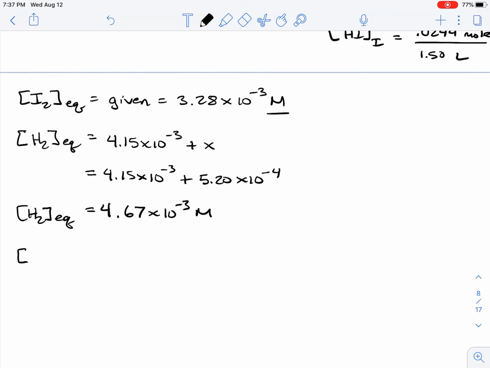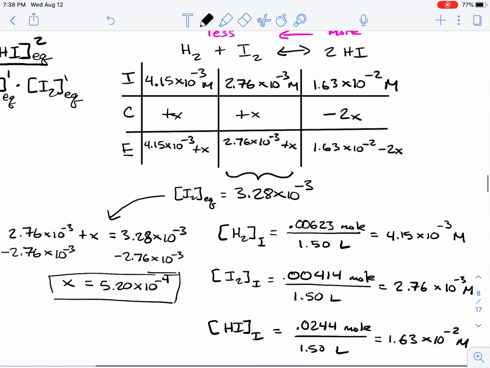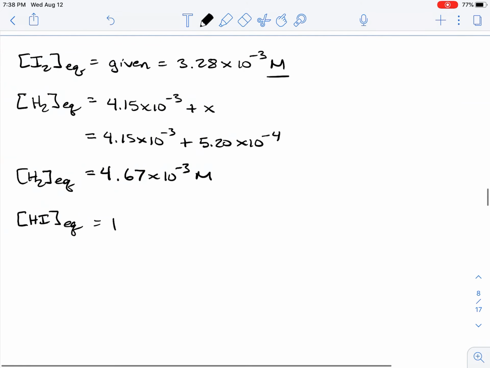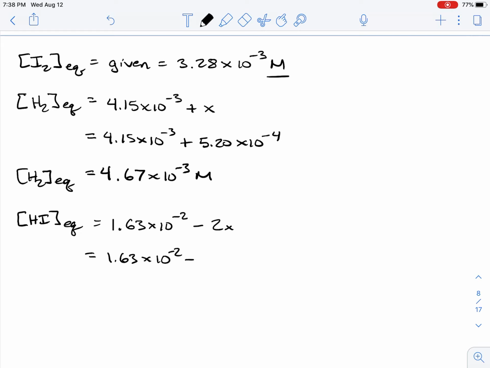And so to determine the equilibrium concentration for hydrogen iodide, that expression is going to be 1.63 times 10 to the negative 2 minus 2x. So that's going to be 1.63 times 10 to the negative 2 minus 2 times 5.20 times 10 to the negative 4, since that was the value for x.